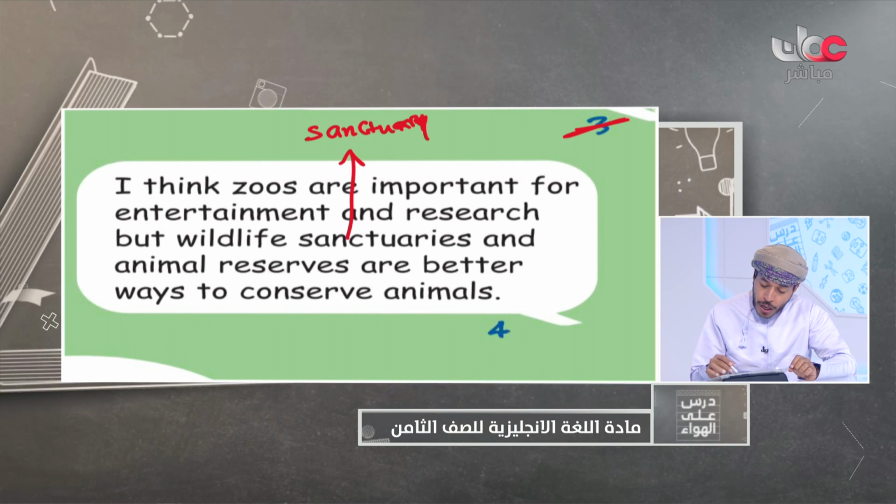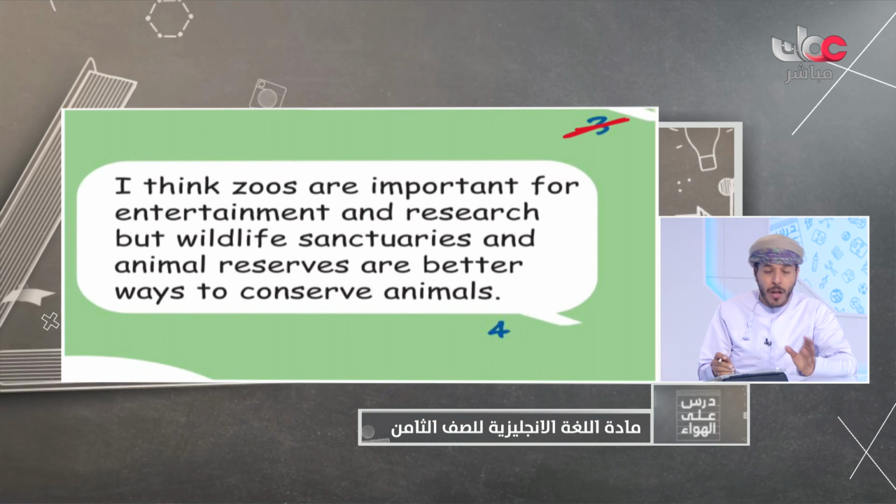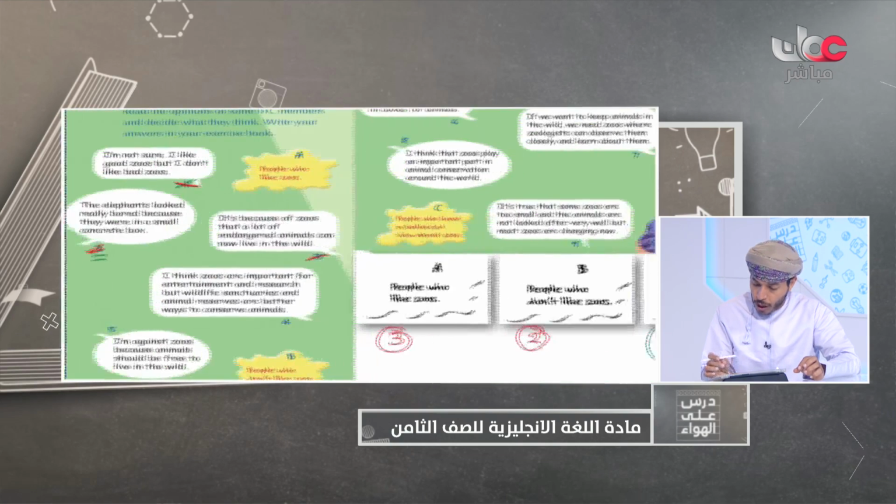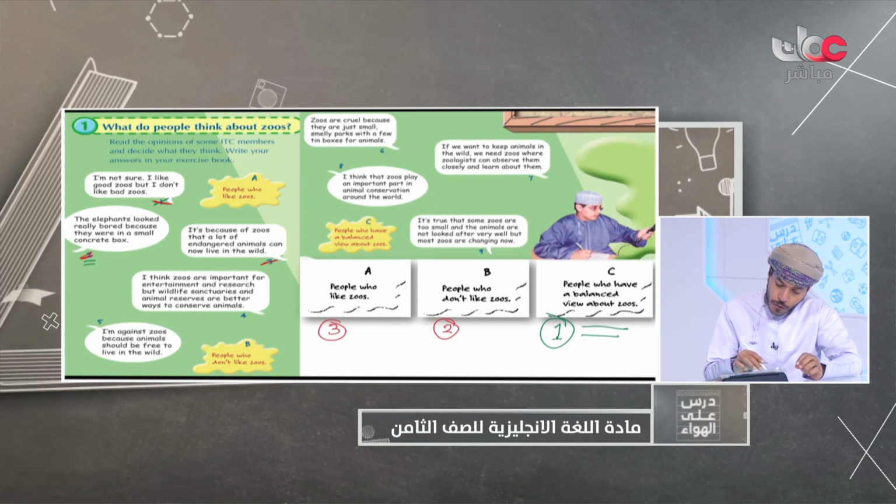So sanctuary is the singular of this word sanctuaries, and animal reserves are better ways to conserve animals. So here, this student has a balanced point of view. So he might be considered as one of the people who have a balanced point of view. He can be put here, which is number 4.